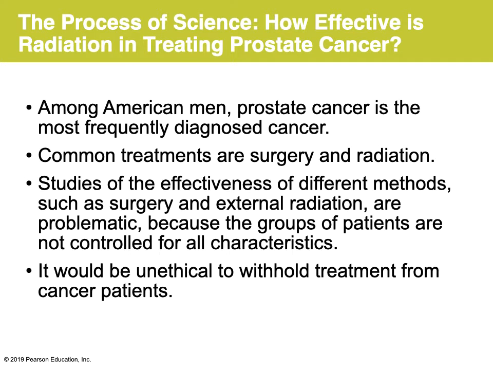And studies of the effectiveness of surgery and external radiation, right, so aiming something at that part of the body and sending a beam of energy to that tissue, are kind of problematic, because the groups of patients are not controlled for all characteristics. If you think about it, you go back to a controlled experiment, right?